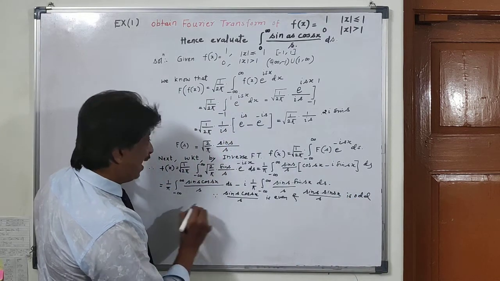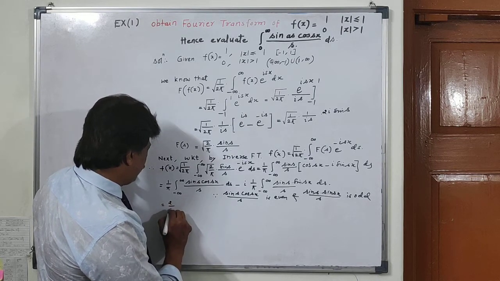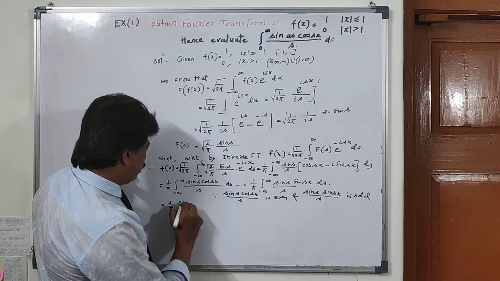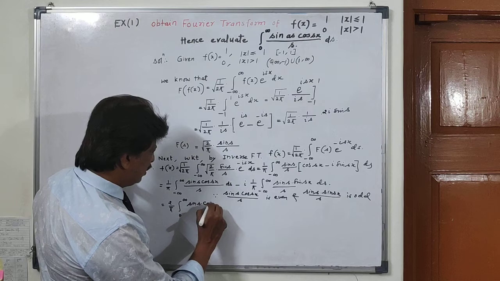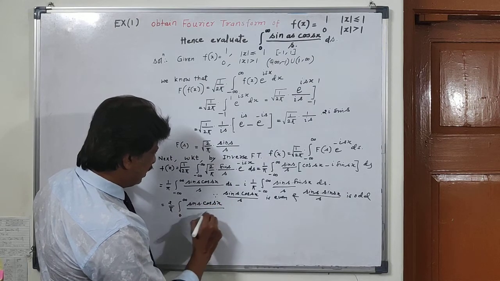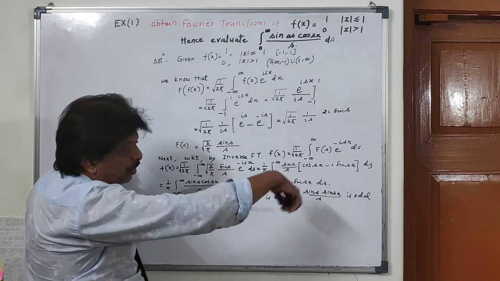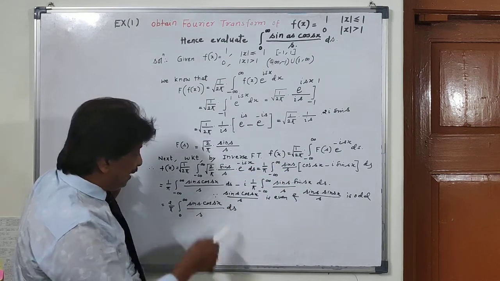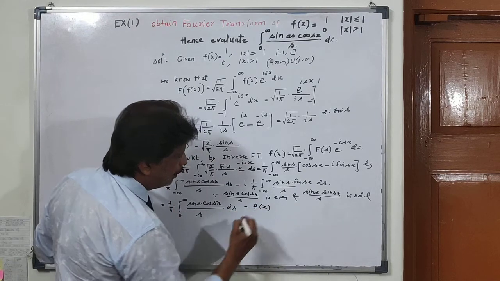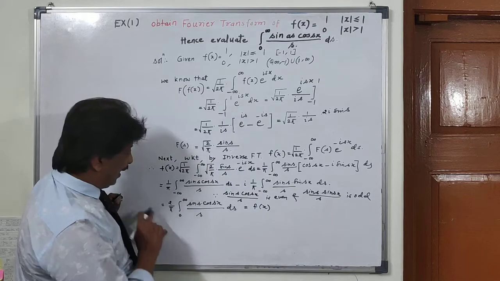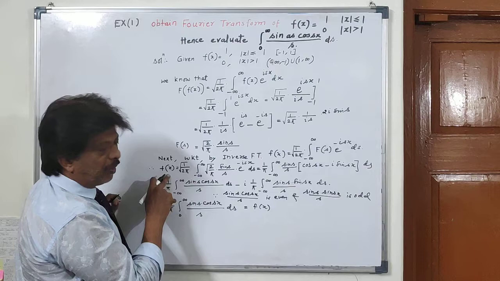So we have this becomes 2 times 1 upon pi integral 0 to infinity sin s cos sx upon s ds. इसकी वैल्यू 0 हो गई. अच्छा, ये किसकी वैल्यू है? This is f of x. लेफ्ट हैंड साइड में f of x लिखा हुआ है, ये f of x by inversion formula.